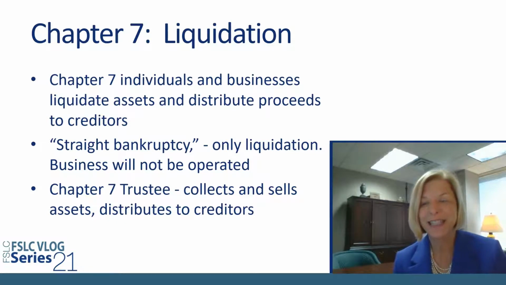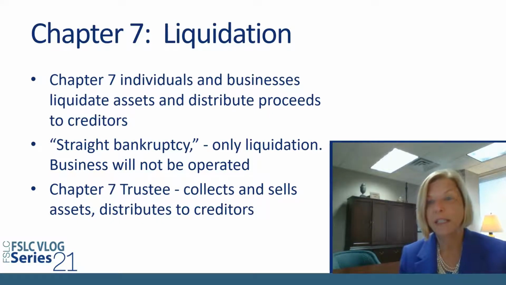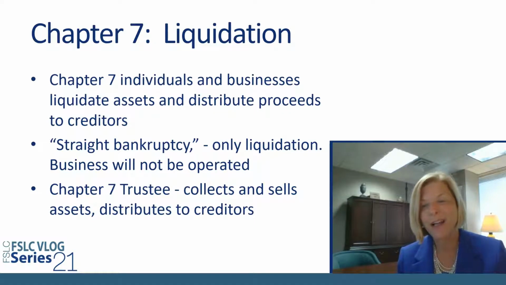The Chapter 7 trustee takes control of all of the assets, liquidates the assets, and pays the net proceeds, if any, to the creditors of the case. So it's the Chapter 7 trustee's role to collect and distribute any assets in a Chapter 7 liquidation. And that's the most common sort of bankruptcy filed.